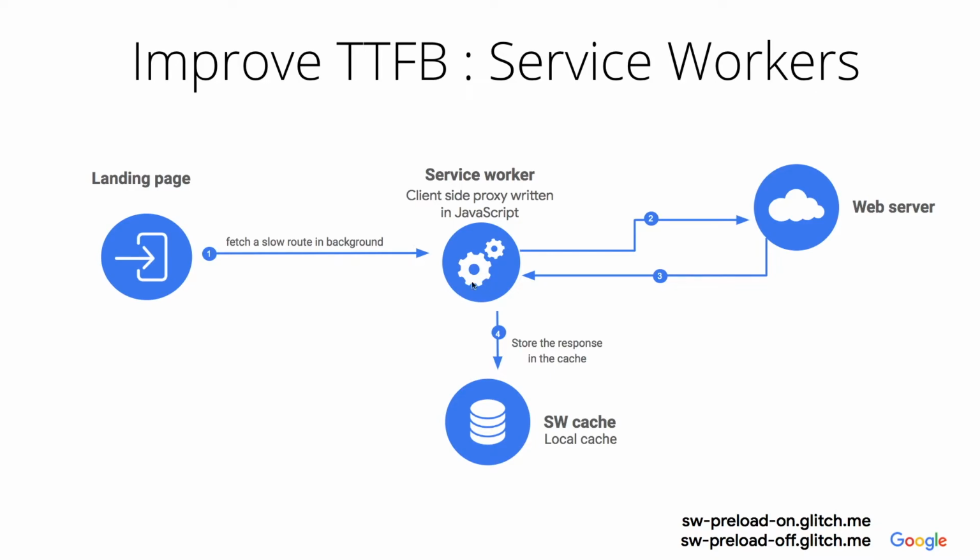And when you have the request back in your service worker, what I recommend you do if you go for this technique is to store this response in the cache. With the service worker, we use a cache called the Cache API, which is especially designed to store HTTP requests.